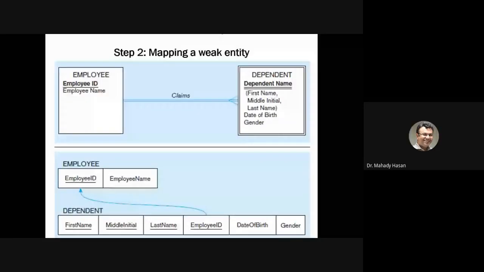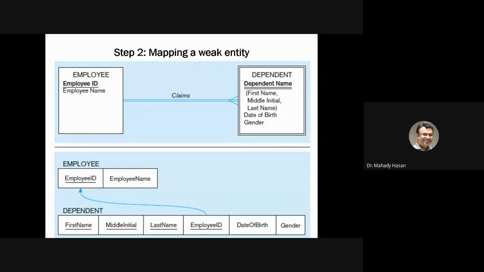If we have a weak entity associated with a strong entity, what is a weak entity? Weak entity key. So other than the identifying entities.